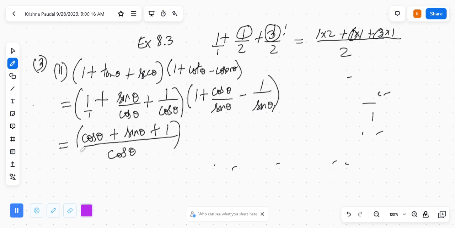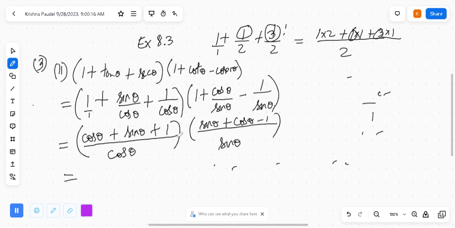So it's the basic of LCM. Same way we can do LCM here and I'll get sine theta. Sine theta will go up here. It will be 1 plus cos theta minus 1. So this will be the second step because whenever we have fractions we have to do LCM. That is the only step that will take us to the next step.